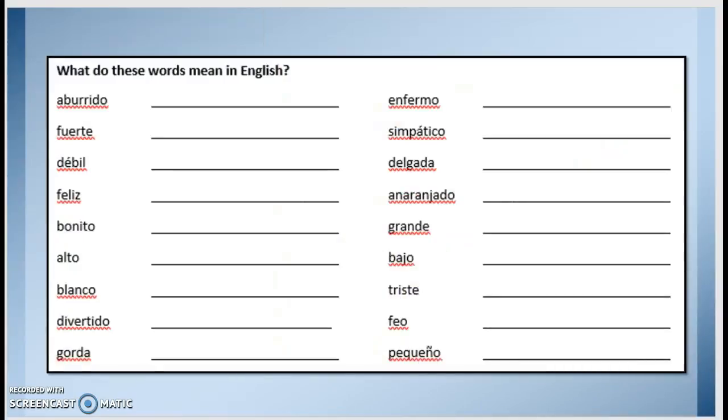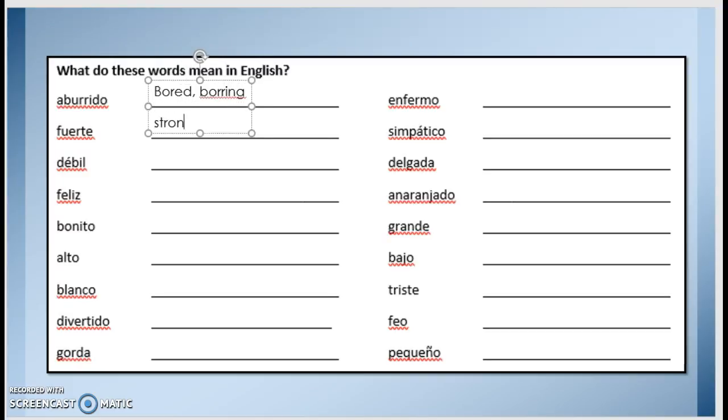Okay, so let's dig into our notes. These are right off of the vocabulary sheet, and I'm going to help write them for you. Give me just a second and I will type them in and you can go along with me here. So, aburrido means bored, or it could be boring.